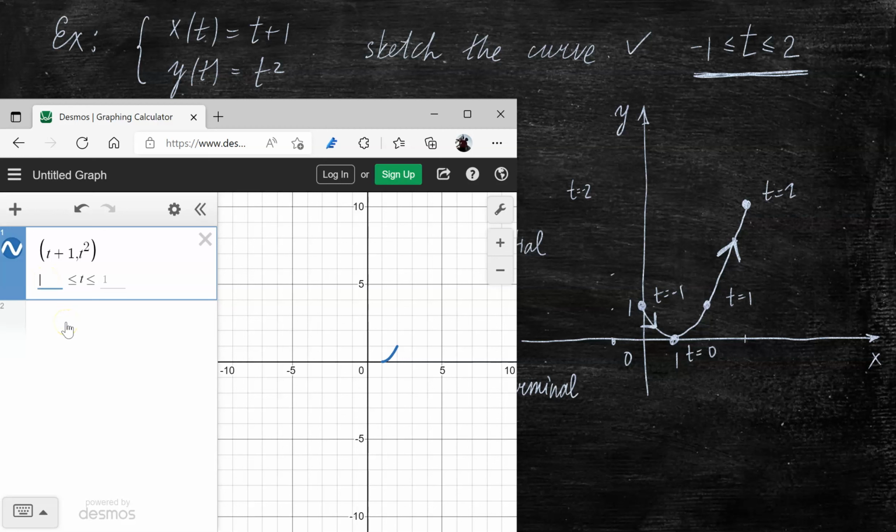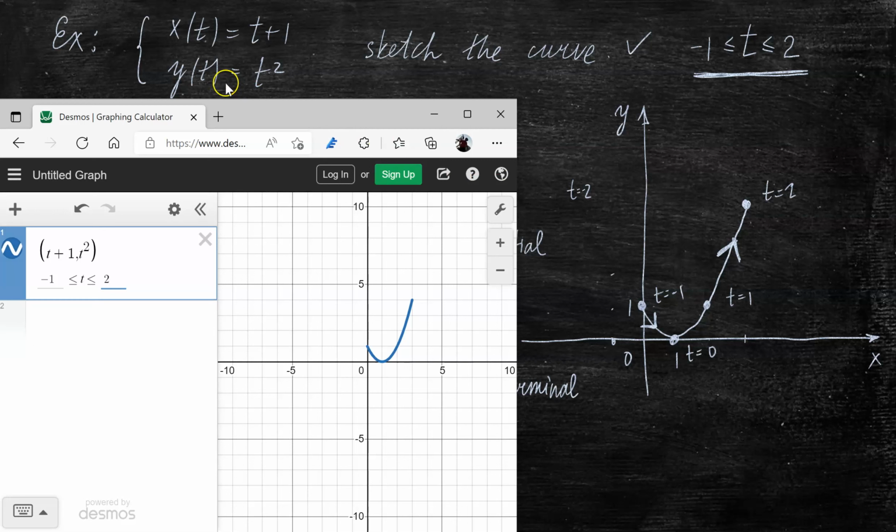So now if we specify this according to our problem, then we get the exact picture that we produced by hand. However, Desmos makes it directionless, so it doesn't do arrows. So arrows have to be done by a human, I guess, in this case.